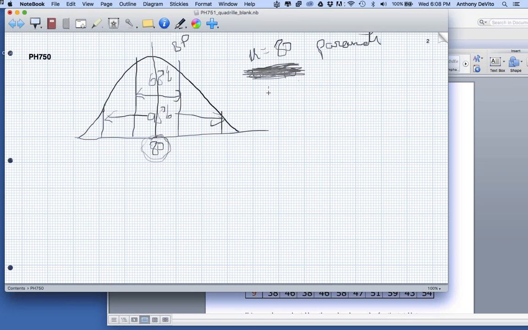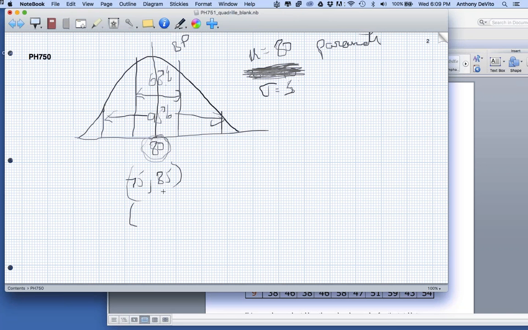Knowing that, if I told you now that the standard deviation is equal to 5, I'll use 5 instead, that's more realistic. Then I would know that 68% of the population has a blood pressure between 75 and 85, one standard deviation below and above.